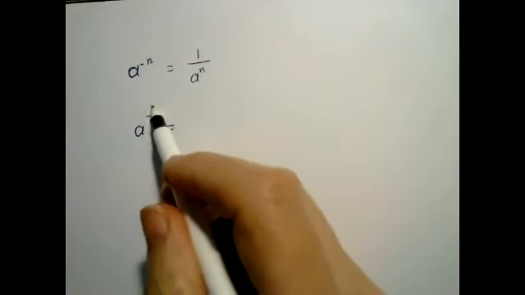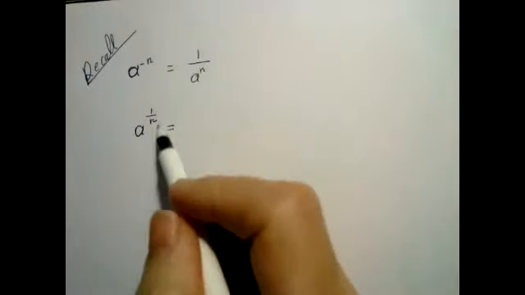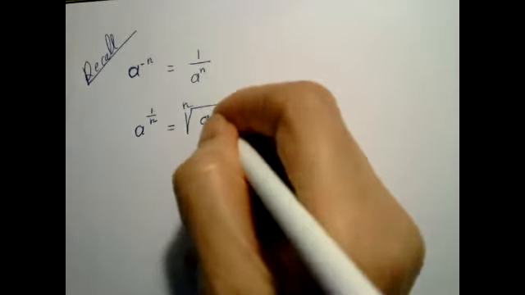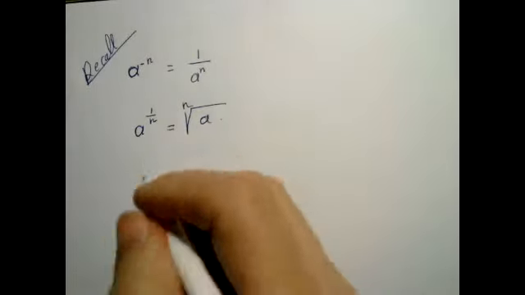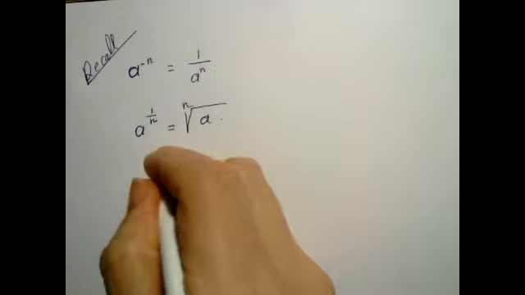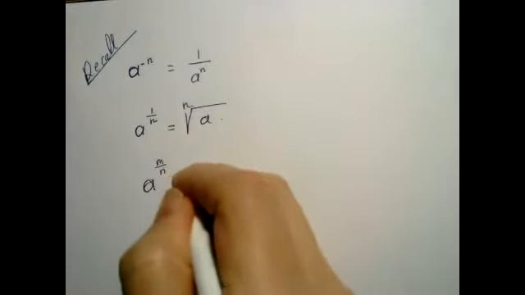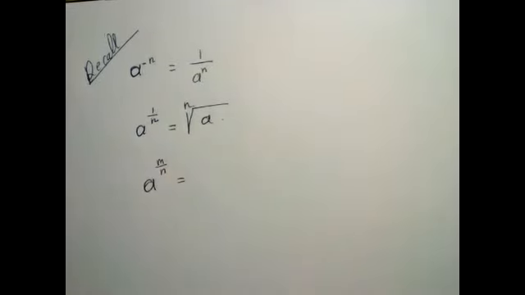What does a fractional exponent, 1 over n, mean? When you have 1 over n, not minus n, that's the nth root of a. And finally, what does a to the m over n mean? When you see something like that, what does it mean to you?